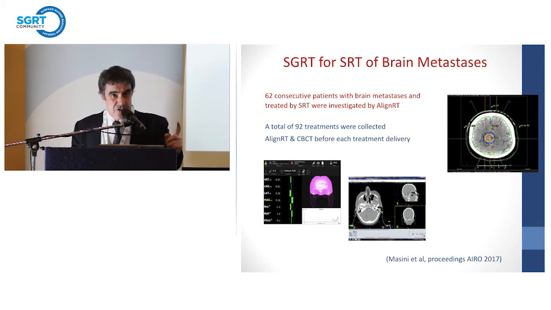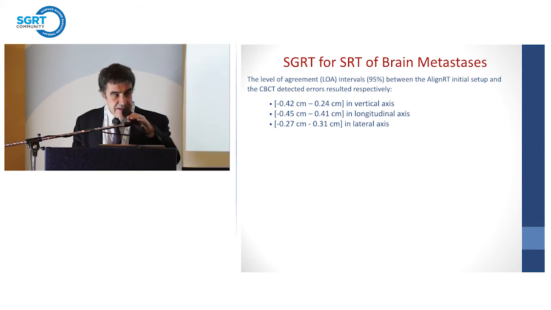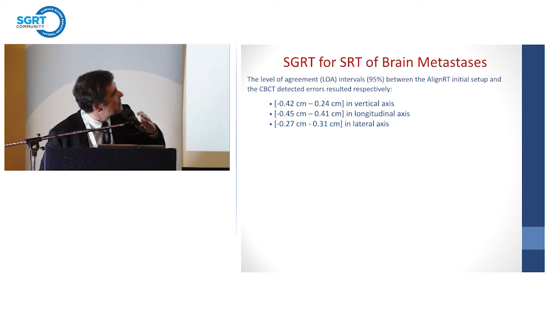So one reason was to make it safer, and the other one, we really tried to analyze the changes of the position of the patient with respect to the cone beam CT. And these are the results.